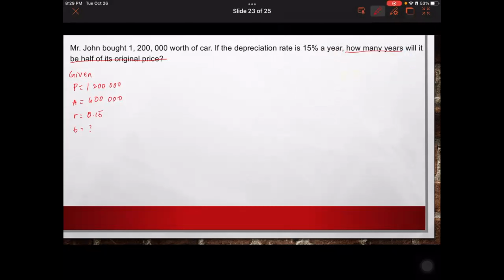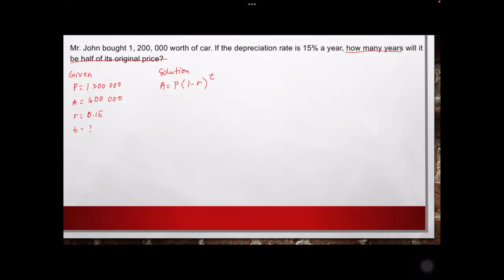Okay, solution. Ang formula natin gagamitin is A is equal to P times 1 minus R raised to T. Bakit 1 minus R? Kasi it's talk about depreciate. Kapag siya ay increasing, that is the plus, 1 plus. Pero kapag depreciation is 1 minus R. So, plug in.